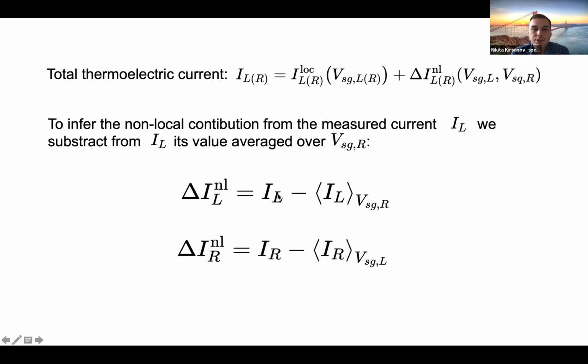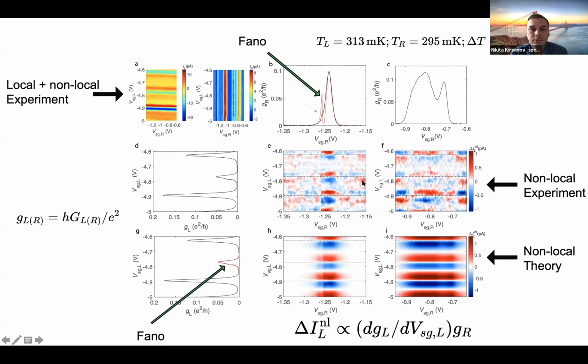So if we subtract from this measured total current its value averaged over the gate voltage of the opposite dot, we will essentially obtain the non-local current.